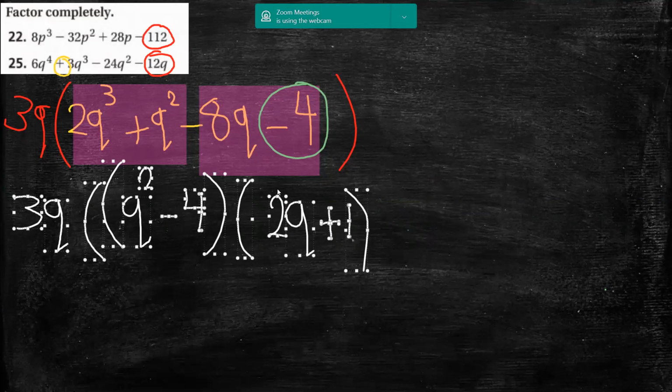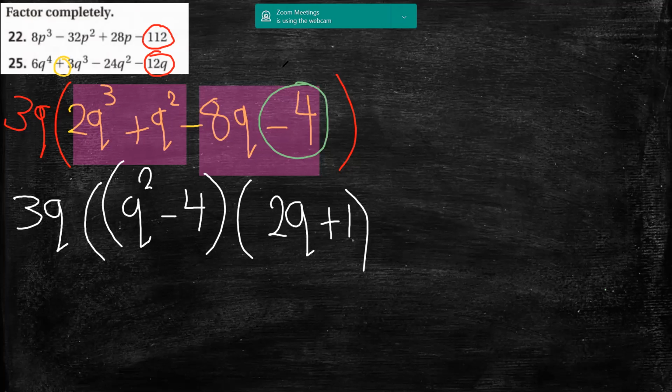Now, after that, when you rewatch the video, you will find that you must not stop if there's something you can still do, if there's a common factor, or if you can factorize further. So what we have here is 3q times (q squared minus 4).